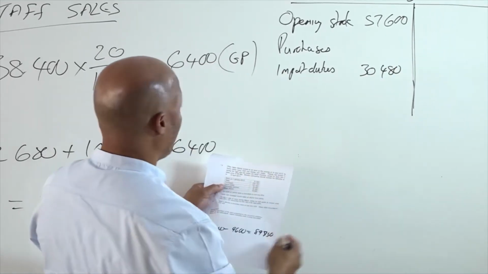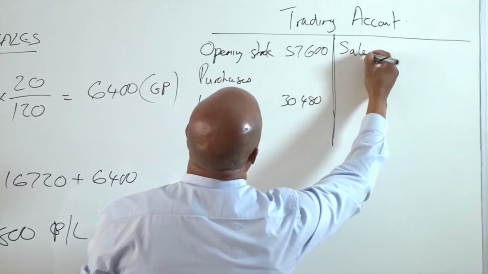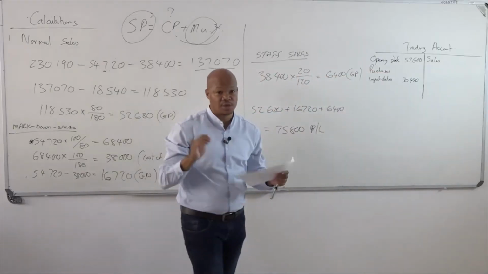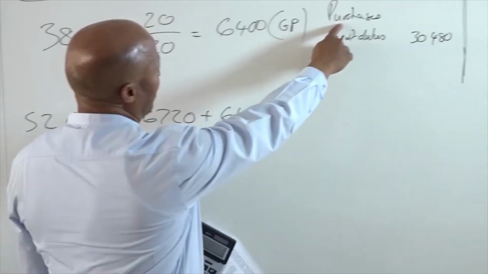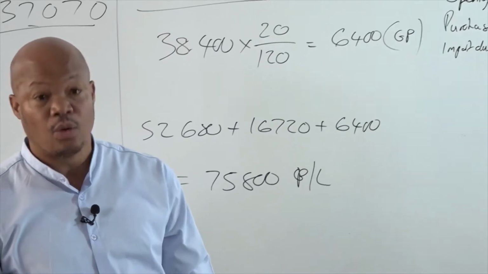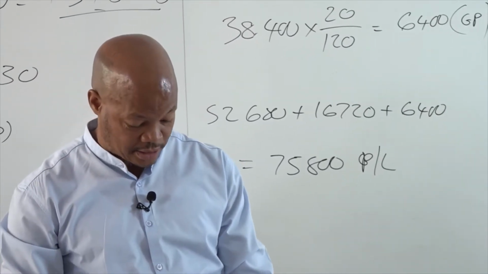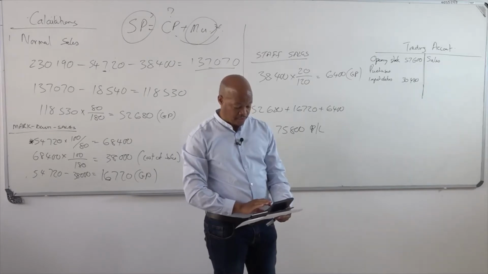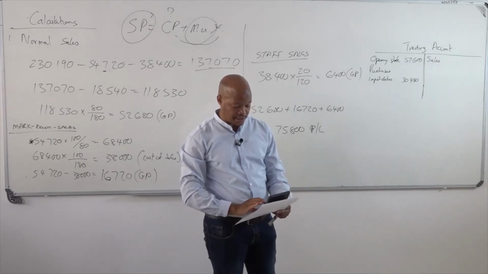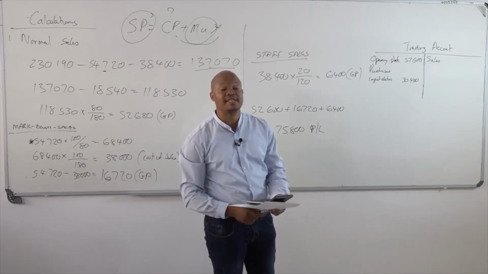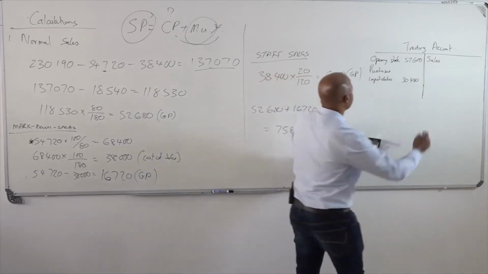30,480, and we know this side will be sales, where we need to subtract our sales returns. Our purchases less our purchases returns: 181,440, subtract returns 34,320. I'm getting 147,120.